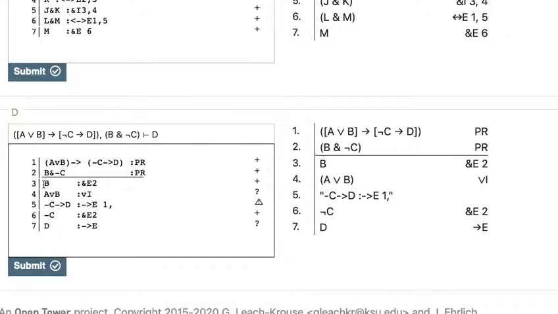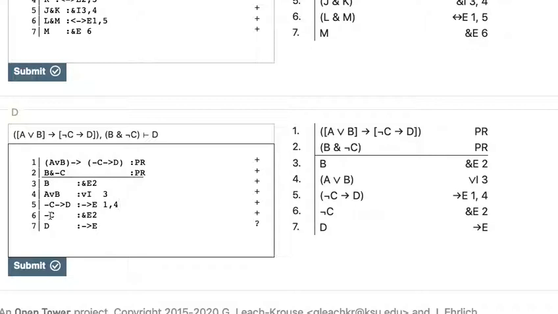Everything shifts up. And now I have to make sure my line numbers are right. On line 3, I got B by and elimination on 2. Now I get A or B by or introduction on 3. Then I get not C arrow D, and that's conditional elimination on 1 and 4.